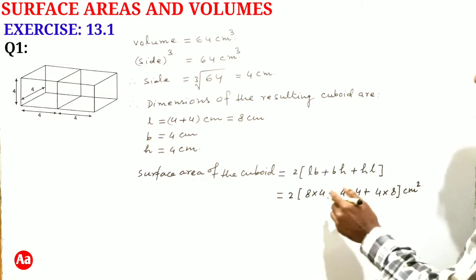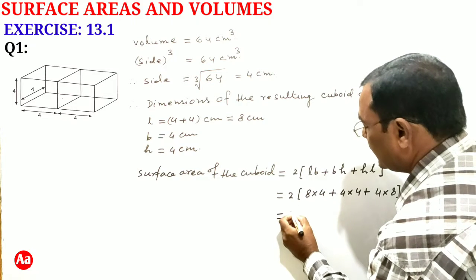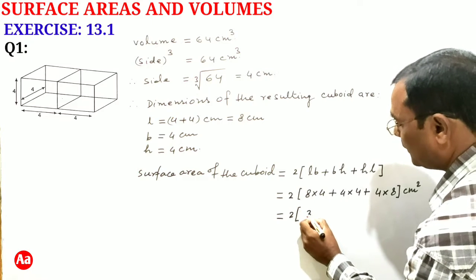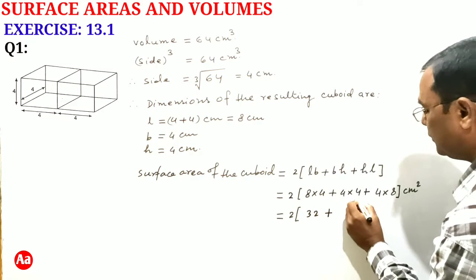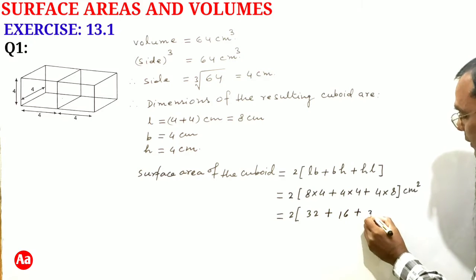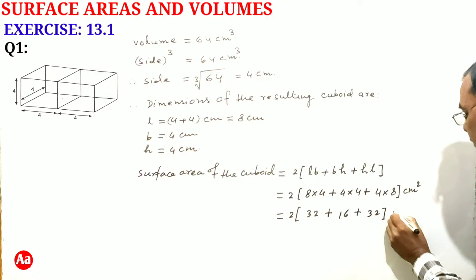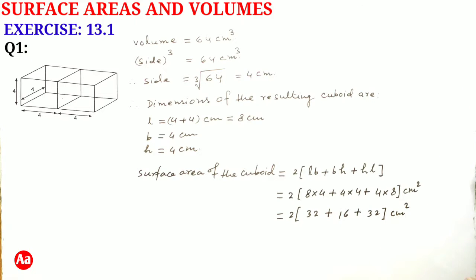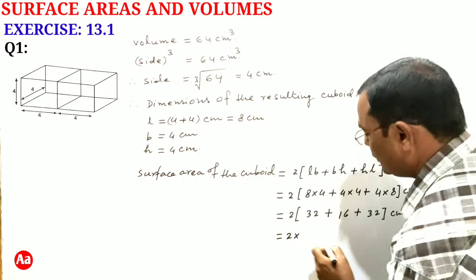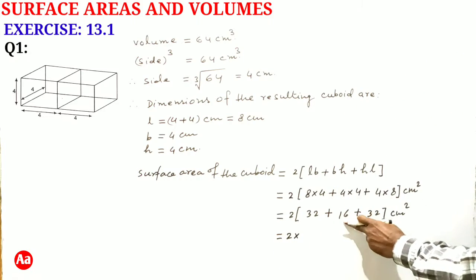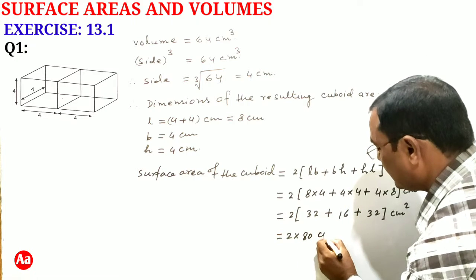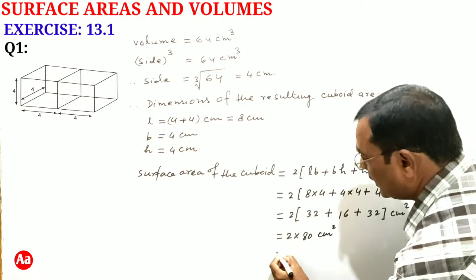This is the unit of the area, and it is equal to 2 into 8 into 4, 32, plus 4 into 4, 16, plus 4 into 8, 32 centimeter square, and this is equal to 2 into 32 plus 16 plus 32, 80 centimeter square.